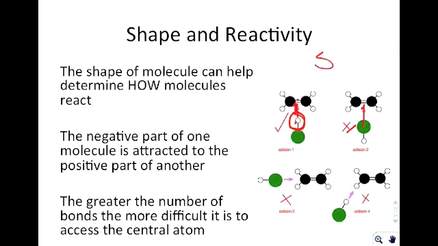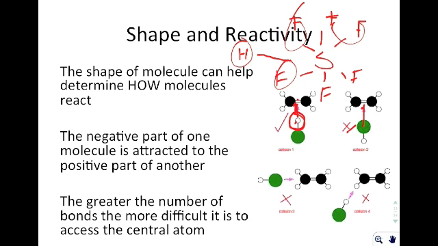If you have sulfur that's surrounded by 6 atoms, it's going to be very difficult for an atom to come over here, let's say a hydrogen, and get to that sulfur, because all these fluorines are blocking the way. So the more things that are connected to it, the more difficult it is to access the central atom.